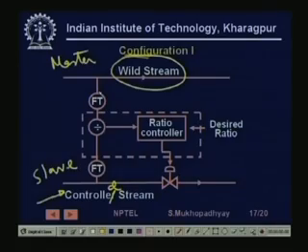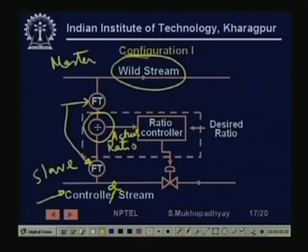To be able to reach that we have to measure these streams, so we are putting two flow transmitters. They measure the volumetric flow rates. Here we are dividing them to get the ratio. This is the actual ratio, and this is the desired ratio.